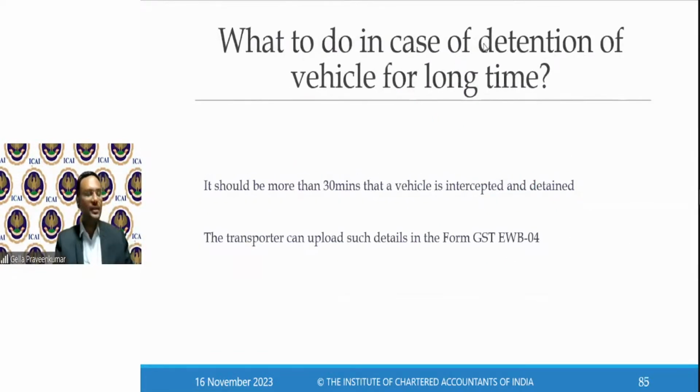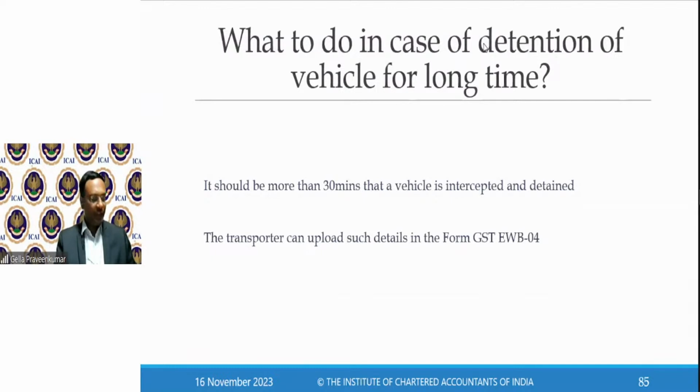Let me see if there are any doubts before I go further. Multimodal shipment means, Namrata, multiple ways of transportation. For example, say from Uttar Pradesh, a consignment has to reach Kerala. What will you do?